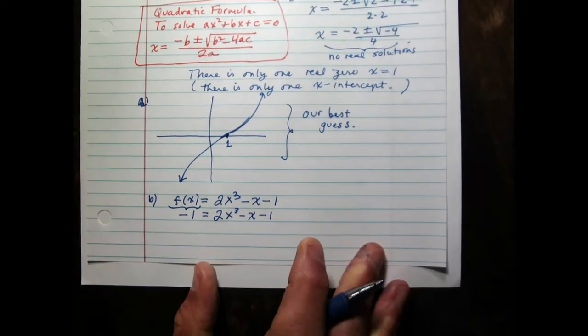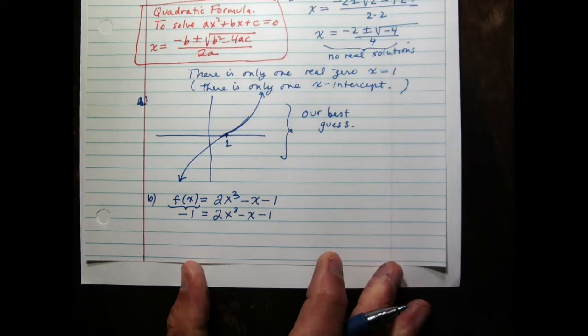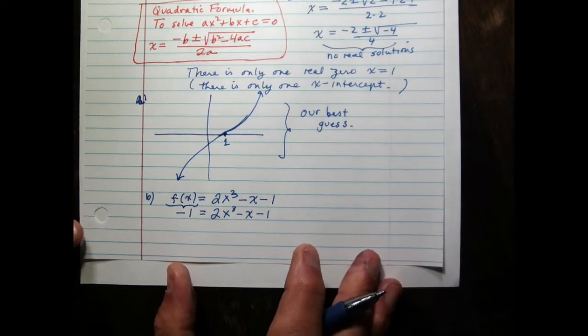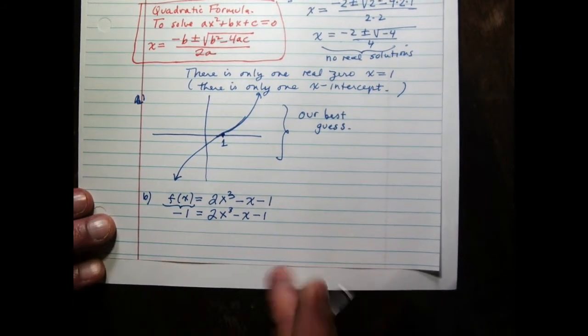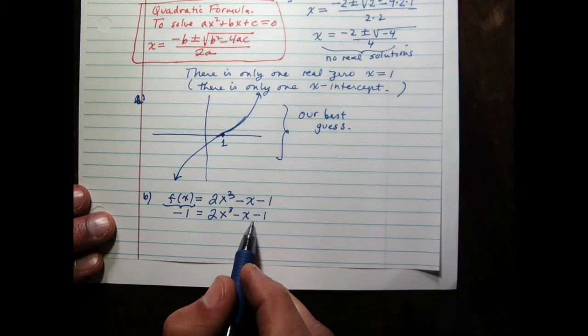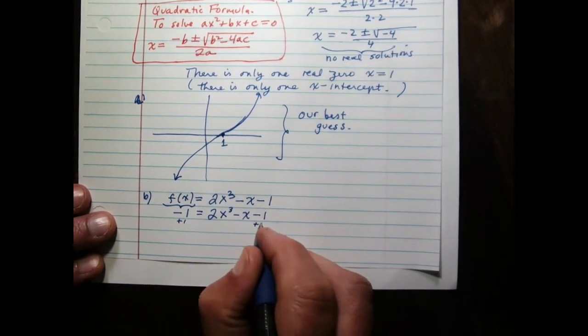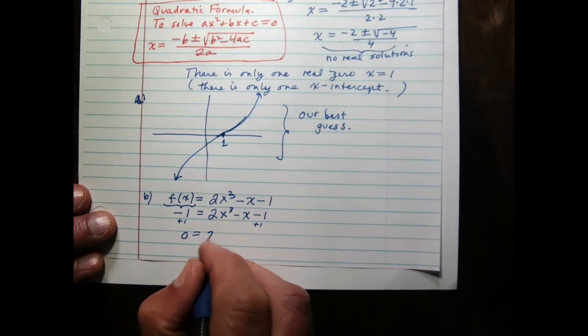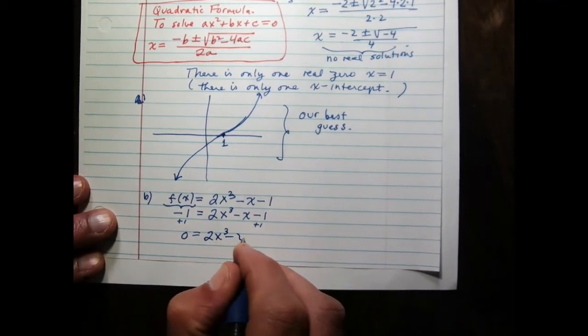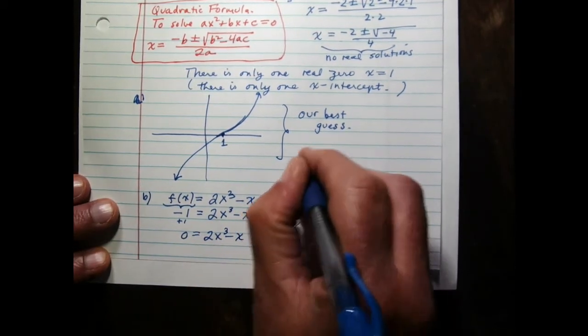Okay? So that's like saying find all points on the graph with y coordinate -1, right? And what I can do is I can add 1 to both sides. And I get 0 equals 2x cubed minus x.